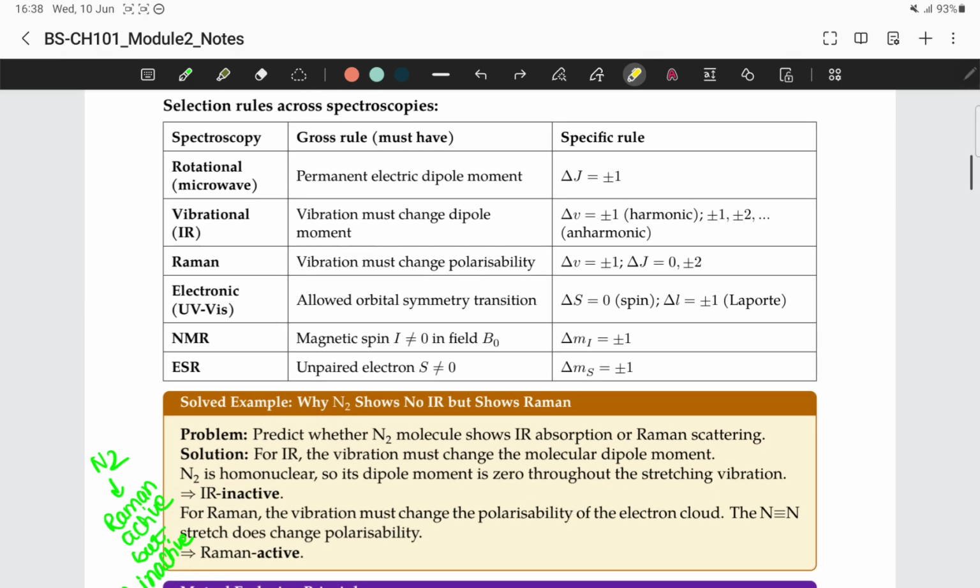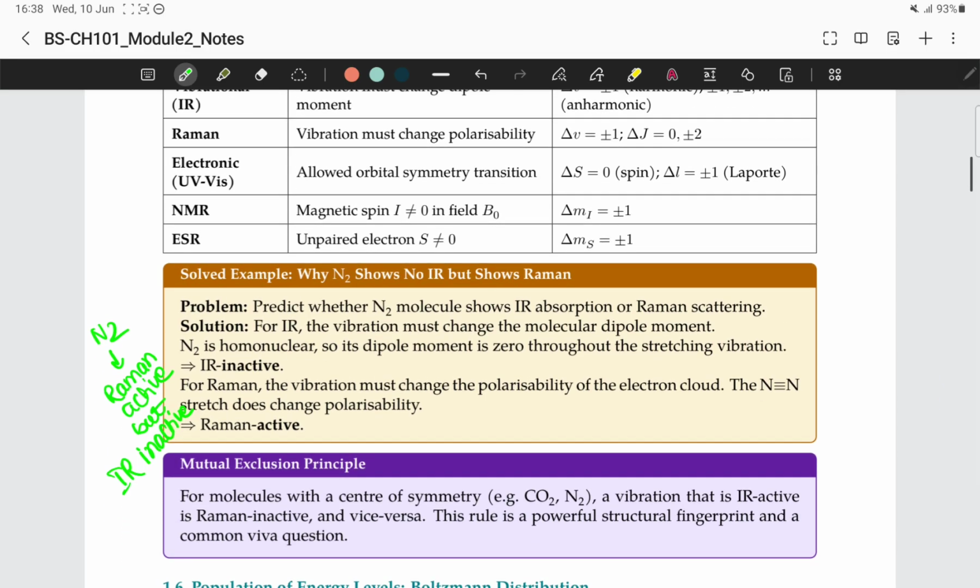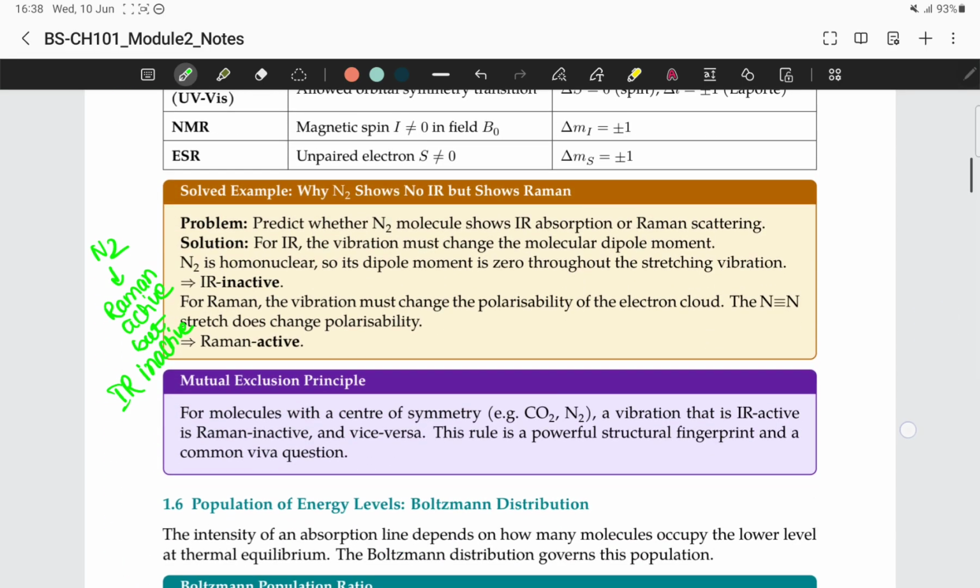You can see the selection rules across spectroscopy: rotational microwave, vibrational, Raman, electronic UV-Visible, NMR and ESR. I think this is the most important part, so please don't miss this complete table. I request you go through it.